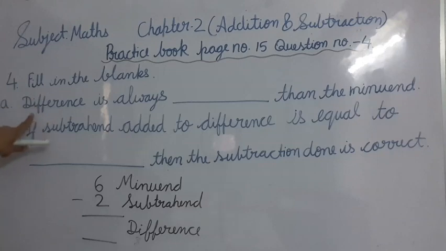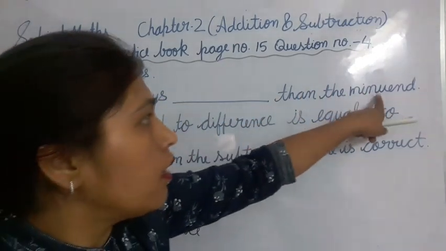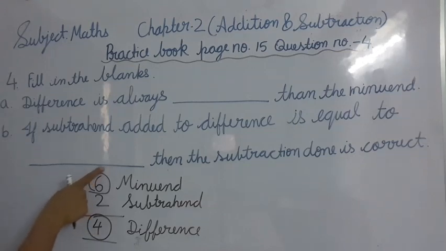They are saying the difference is always blank than the minuend. Minuend is this. So this difference is always lesser than the minuend, because this is the greater number. This is the whole number of our subtraction. So your difference is always less than your minuend.